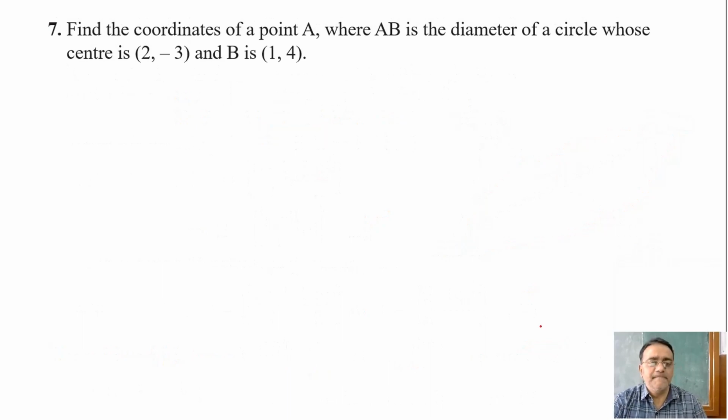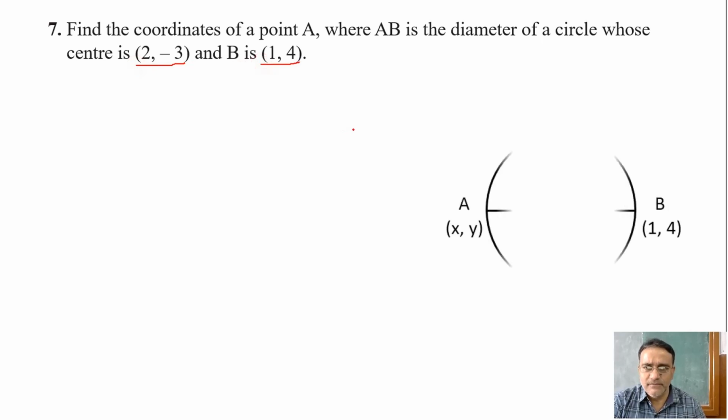Okay, 7th question. Find the coordinates of a point A where AB is the diameter of a circle whose center is (2, -3) and B is (1, 4). So this is the rough diagram. Okay, diameter का एक end point दिया हुआ है और center दिया हुआ है, and the other end point we have to find.